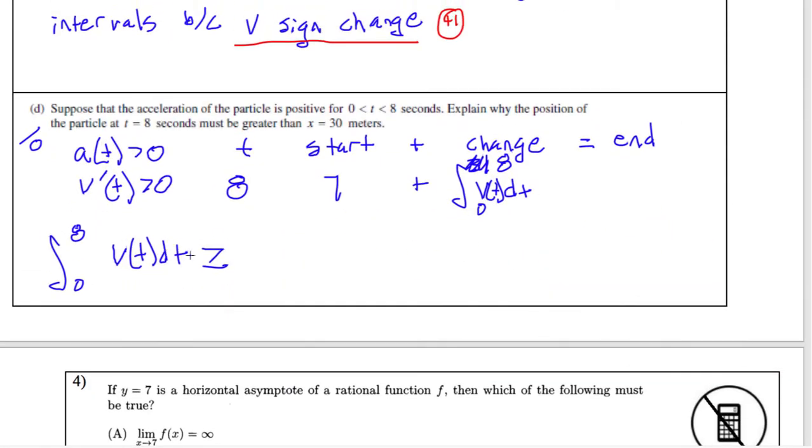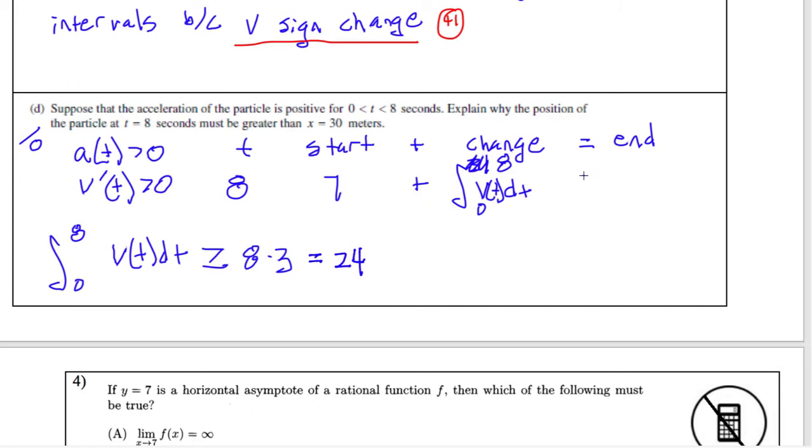That means this integral has to be at least bigger than 8 times 3, which is equal to 24. Can we all agree that it has to be bigger than 24? Because we know that the velocity should be increasing since the acceleration is bigger than 0. The worst case scenario is that it's 24.